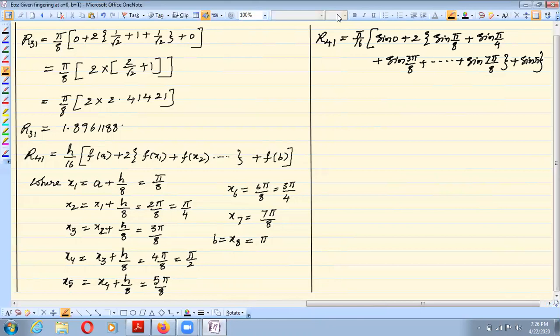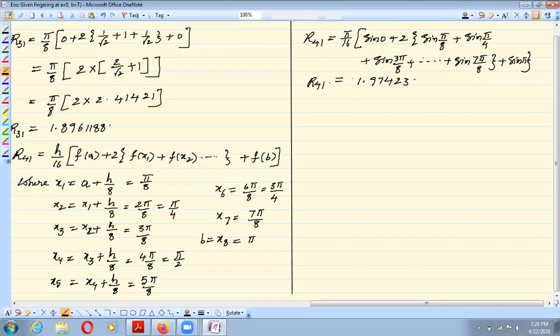Now we can simplify this one. This is R41.